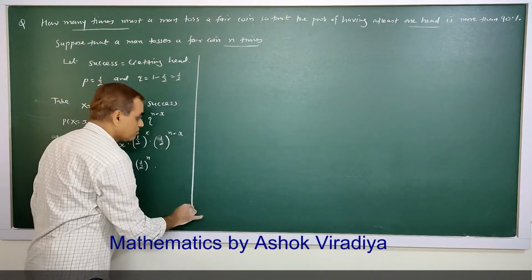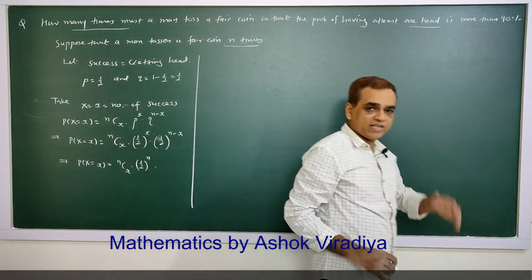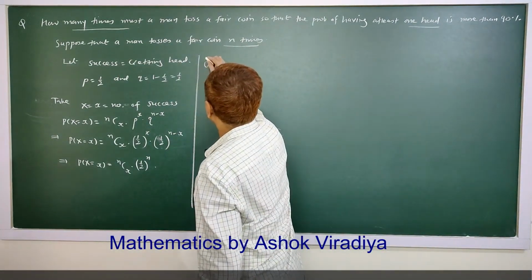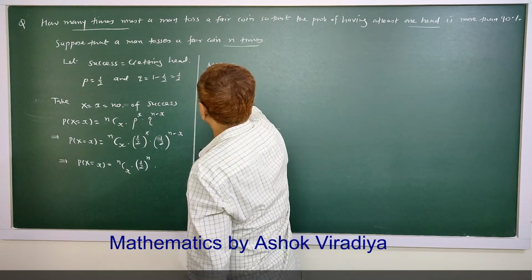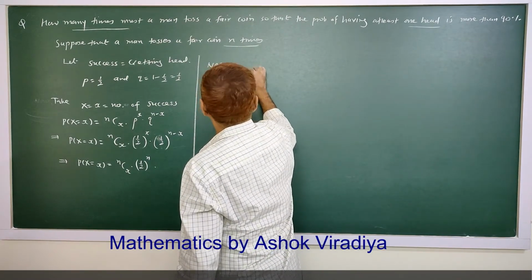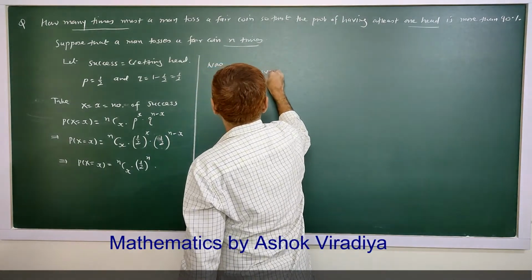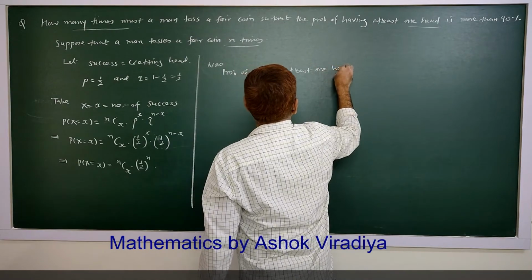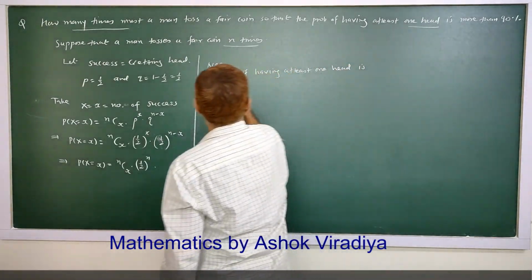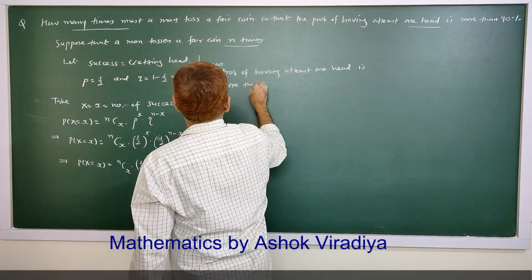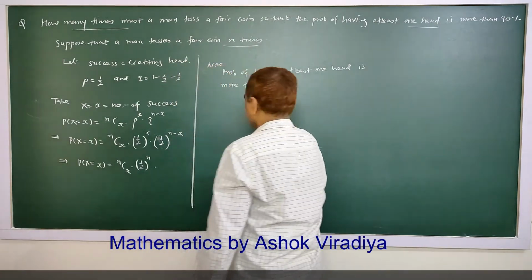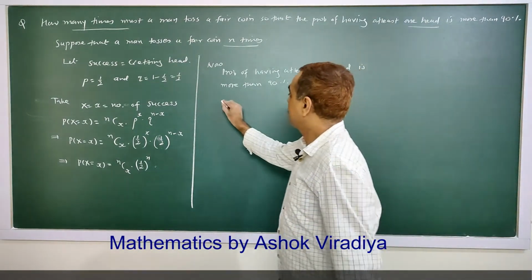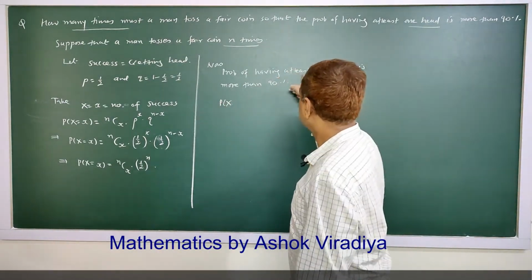Now we are coming to this point. Given that the probability of having at least one head is more than 90%, that is the probability of the number of successes.